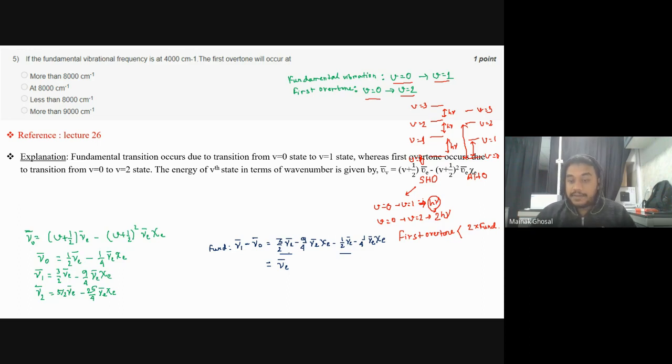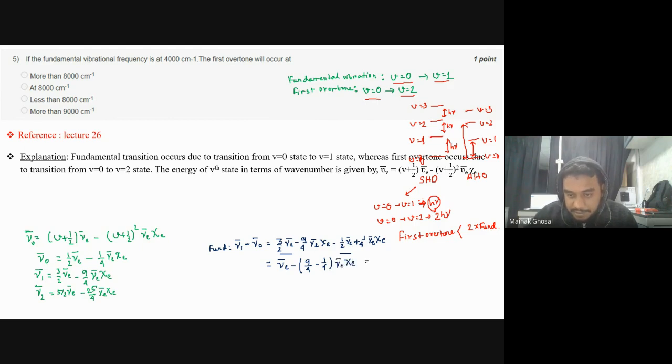So 3 by 2 nu e bar minus 1 by 2 nu e bar will give you nu e bar. And the second term: this will be positive because you are doing this minus this one. So there was a minus, and this will become plus. Exactly. So it is minus 9 by 4, for clarity I am just doing it, because I am taking this minus common, so this plus becomes minus, nu e bar chi e.